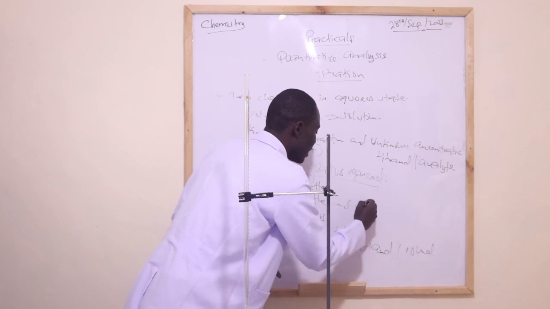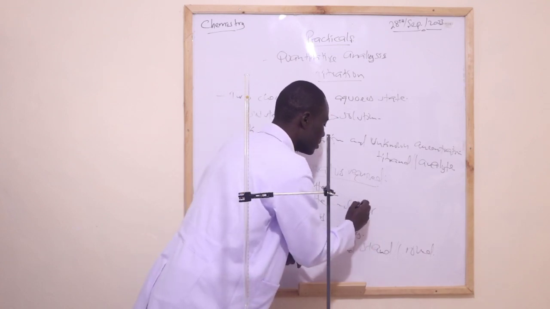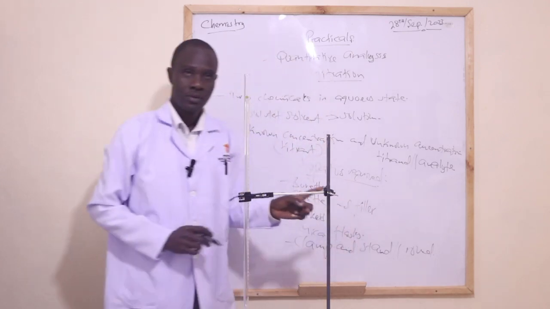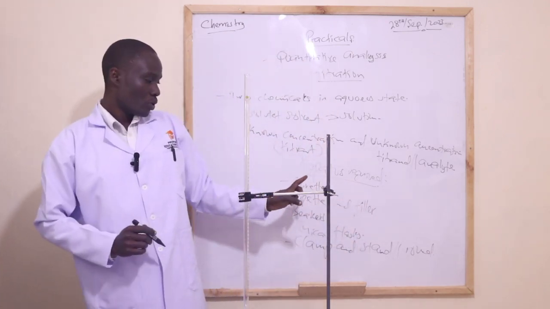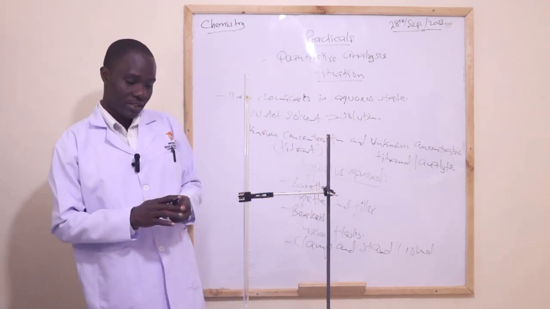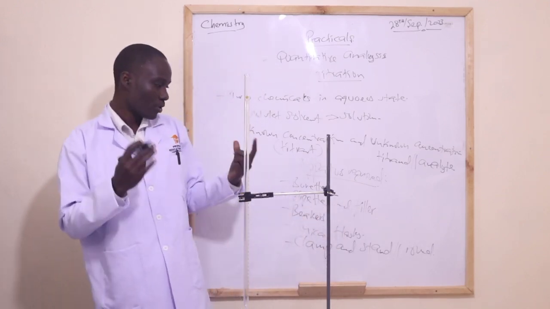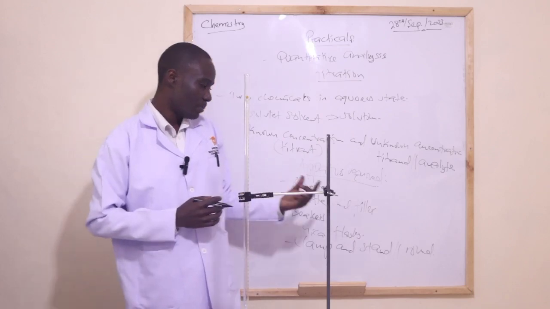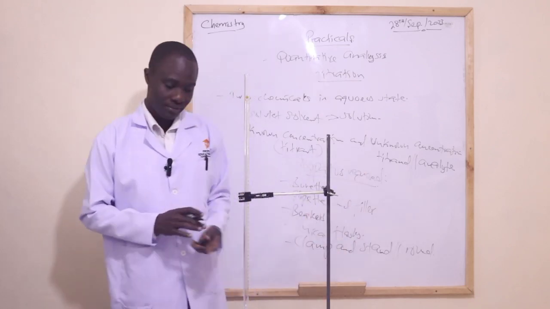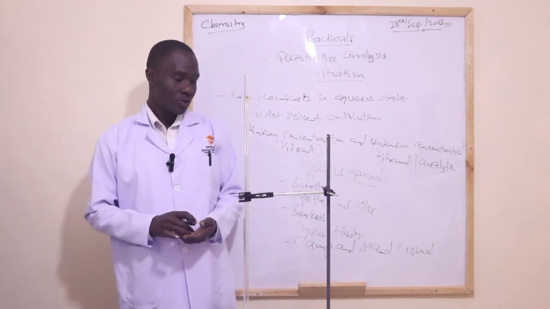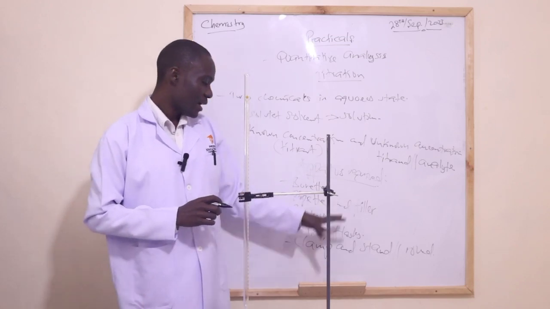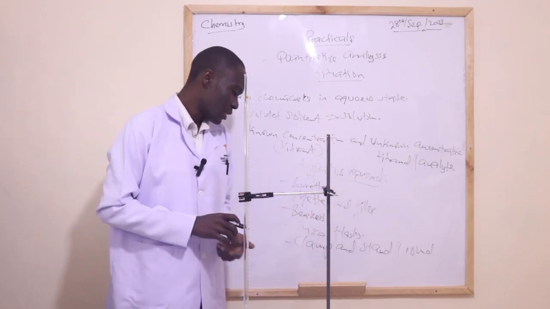You'll be using this to fill the pipette. There are two methods that we can use to fill the pipette, and I'll explain in the procedure after this. So these are the main apparatus that you need.